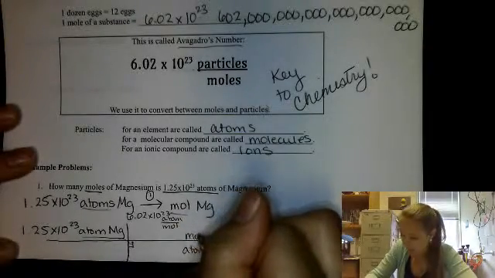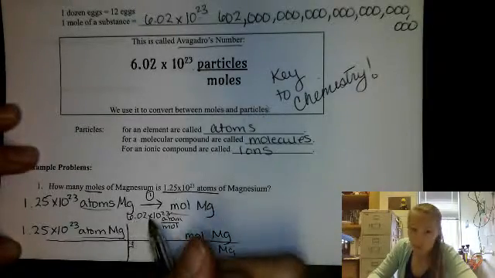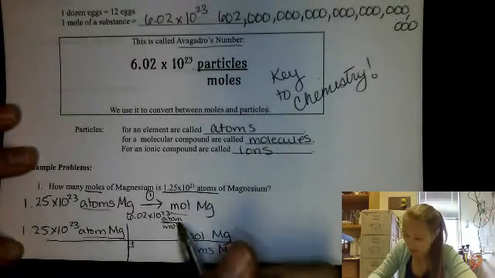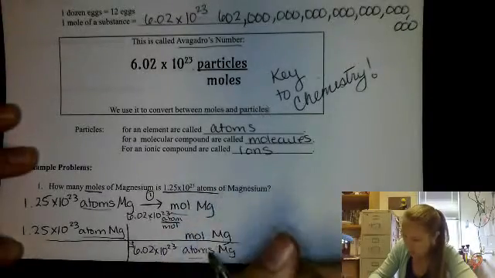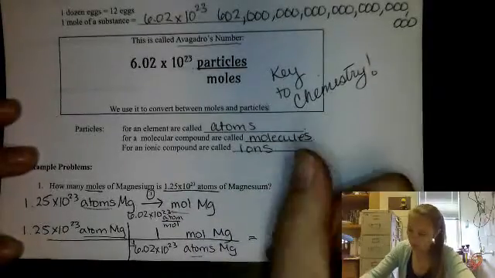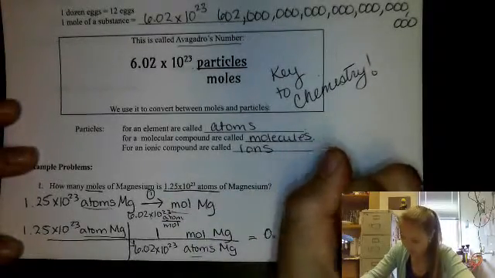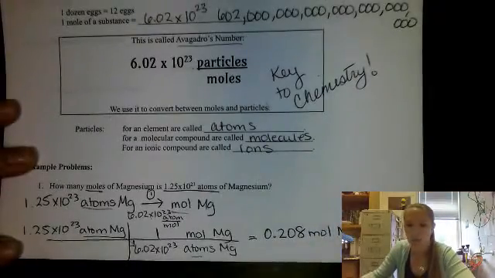So that means moles of magnesium goes on top, and my conversion factor, 6.02 times 10 to the 23rd atoms in 1 mole, goes on the bottom. I multiply across the top and divide by the bottom, and I get 0.208 moles of magnesium.